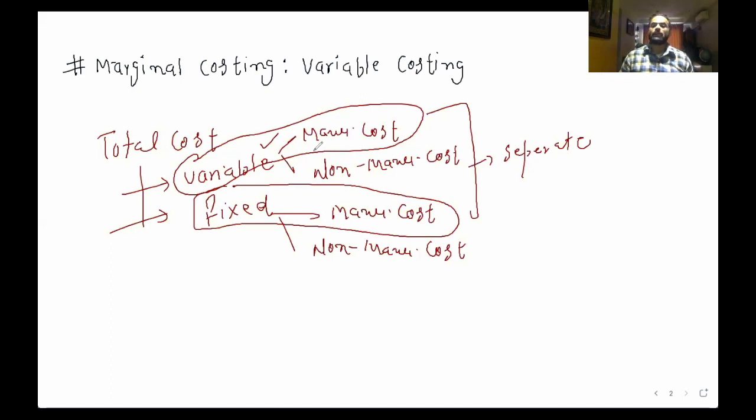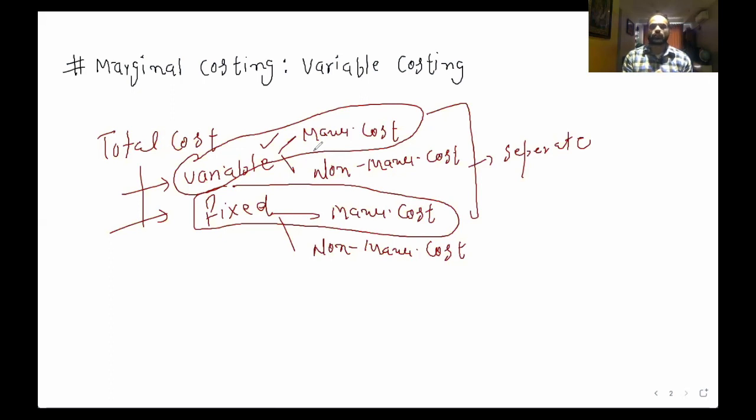Variable cost, variable manufacturing cost contribute. And what inside variable manufacturing cost? Direct material, direct labor, maybe direct expense or variable overhead, right? Only variable manufacturing. And same thing, variable non-manufacturing. What could be variable non-manufacturing?